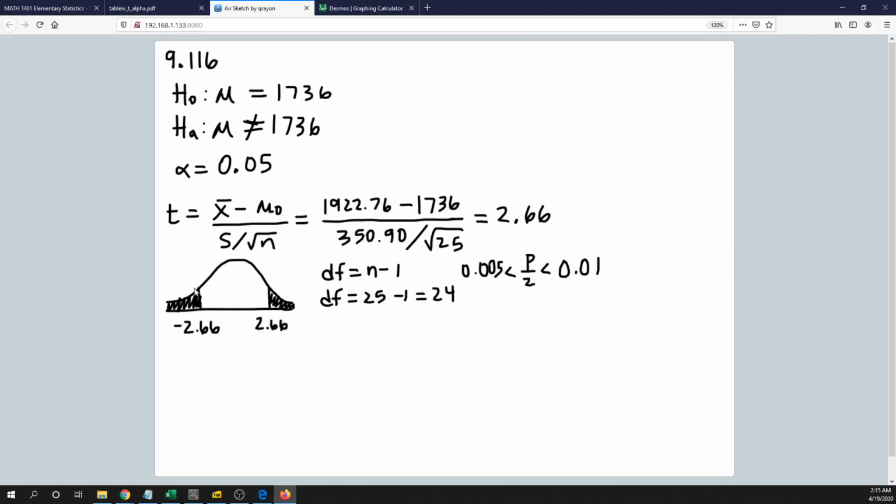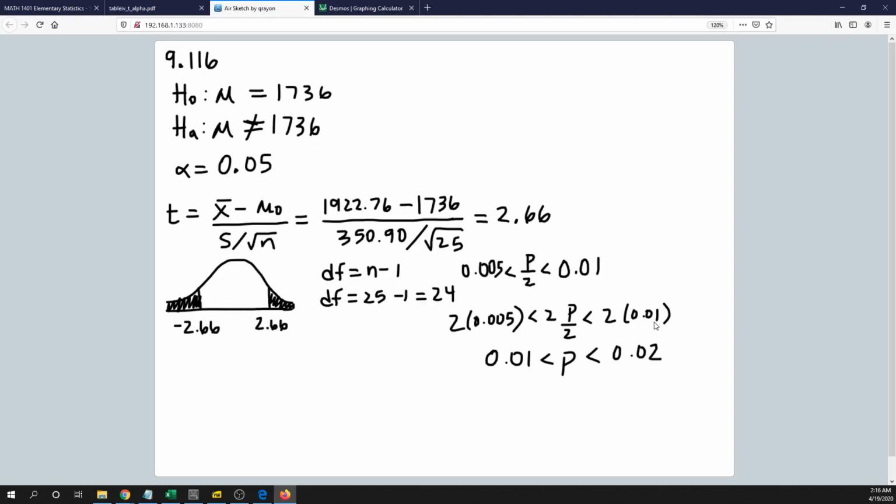What we'll need to do is to double everything in here. So if we multiply this entire thing by 2, 2 times 0.005, 2 times p over 2, and 2 times 0.01: 2 times 0.005 is going to be 0.01, 2 times p over 2 is just going to be p, and 2 times 0.01 is going to be 0.02.